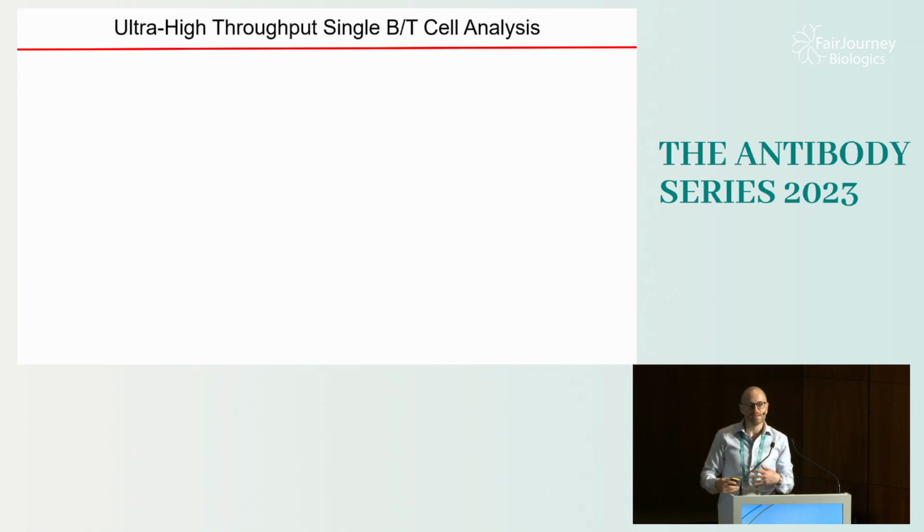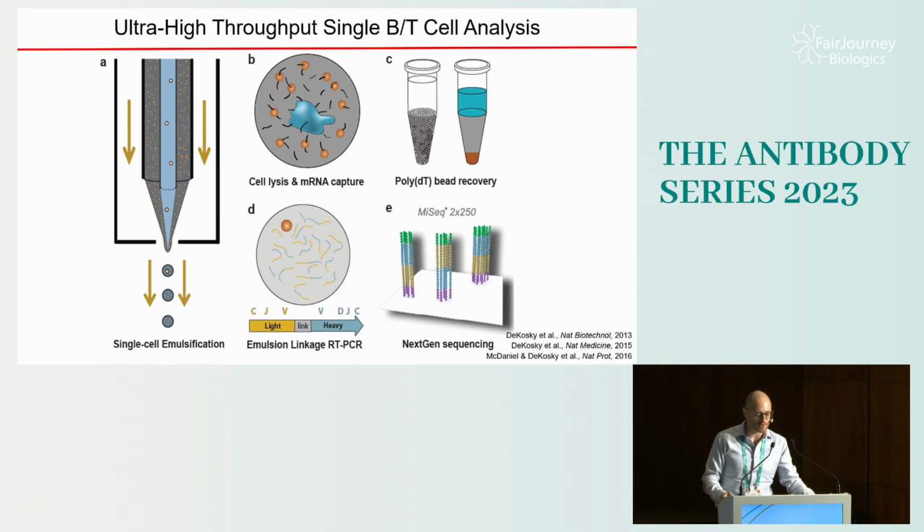This is the general approach that we've settled on over the years. It works quite well for recovering antibodies, and most recently, we've also published it for T cells as well. The general idea is here in panel A, we isolate single cells into droplets, and then inside those droplets, we capture mRNA onto magnetic beads.